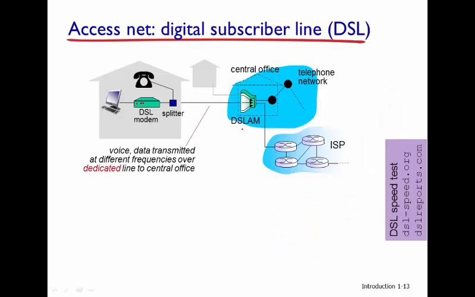So the access network. At home, we often use digital subscriber line, DSL. This may be an old type, but still many homes have this configuration.